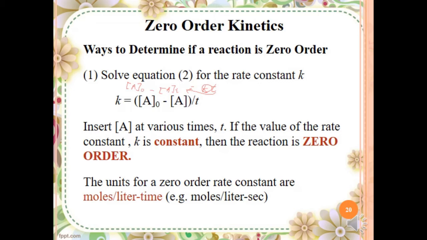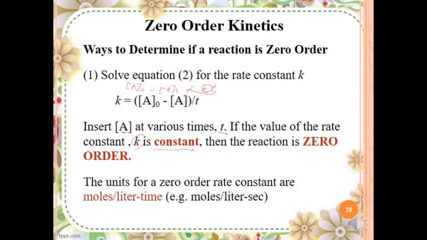We insert [A]t at various times t. If the value that we obtain is constant, meaning the same value, then it proves that the reaction is zero order. The k value has to be the same. Let's say you have 3 different sets.